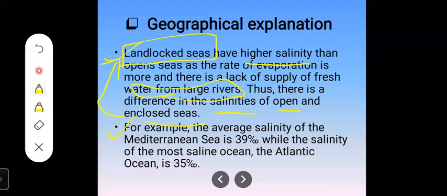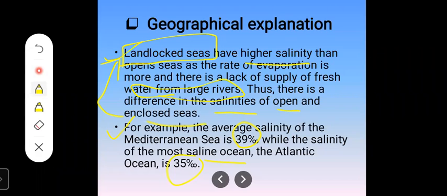Then, for example, here they have given: the average salinity of the Mediterranean Sea is 39 per thousand parts, while the salinity of the most saline ocean, the Atlantic Ocean, is 35 per thousand parts.